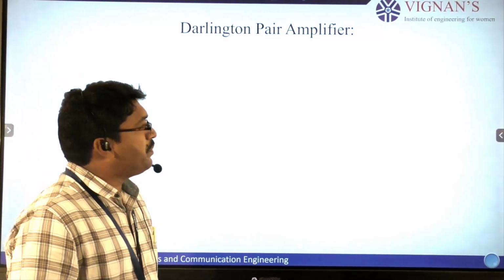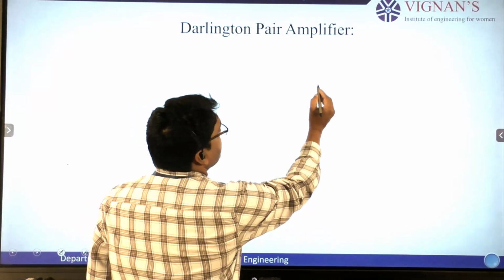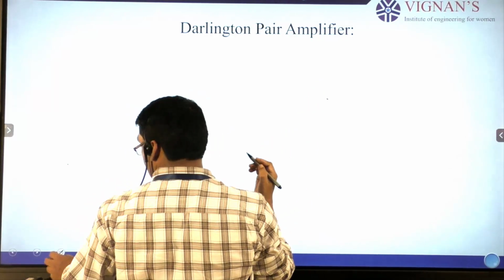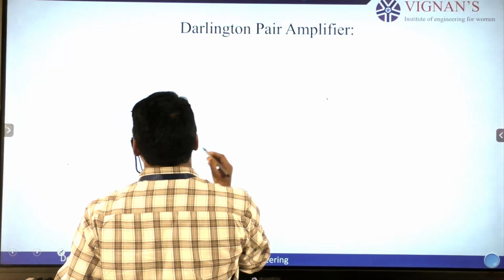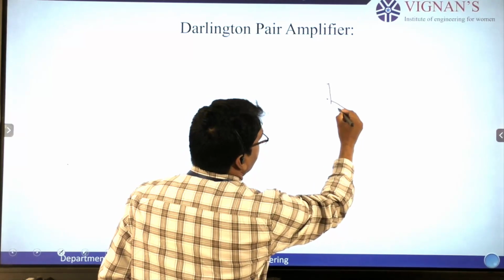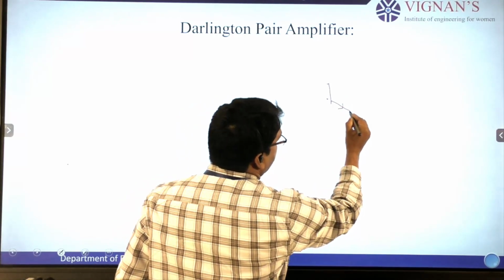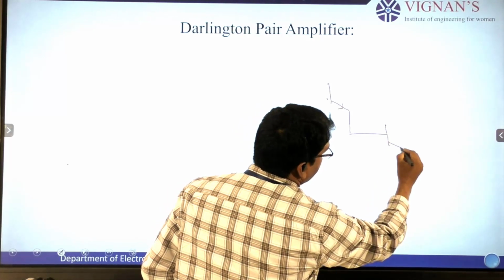So first, a Darlington pair is a combination of CC-CC amplifiers. CC-CC amplifier means we take two transistors in common collector configuration.